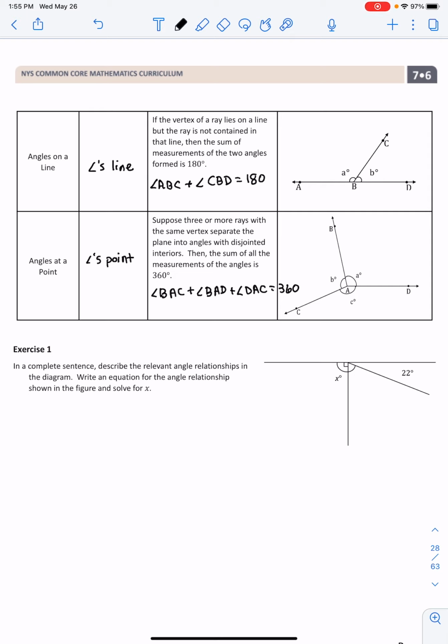Now in exercise 1, it says in a complete sentence, describe the relevant angle relationships in the diagram. Write an equation for the angle relationship shown in the figure and solve for x.